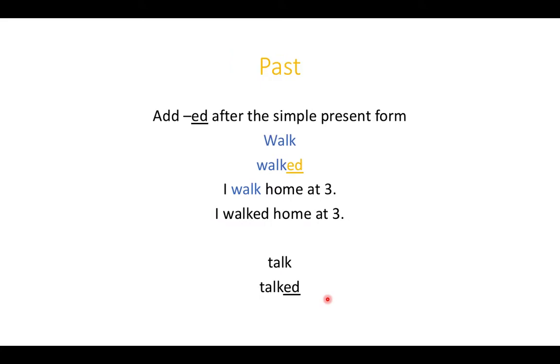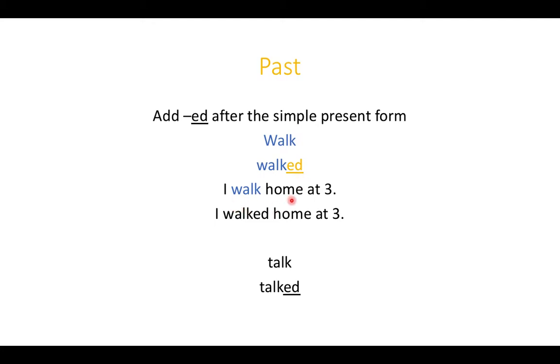Past means before right now, and all we have to do to the verb is add ed, the letters E and D, after the simple present form. So you see we have the verb walk right here. The only thing that we do to change it to be past is add ed at the end. Walked.